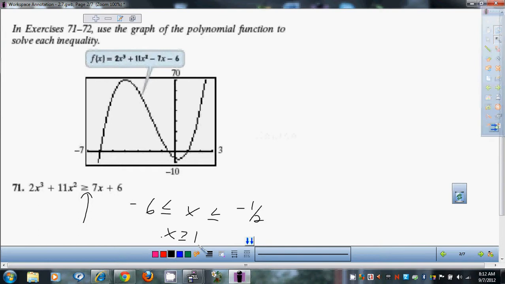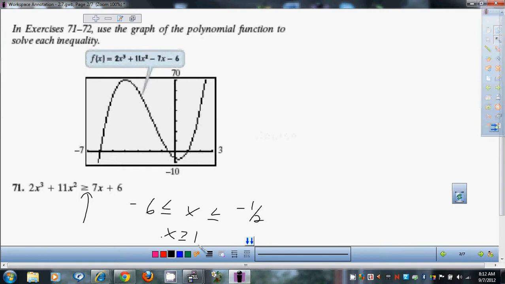Raise your hand if you're like, Mr. Crawford, where are you getting those numbers? How are you getting those numbers? Okay. So the beauty of making this thing on one side of the equation and 0 on the other is you can just look at where it crosses the axis.